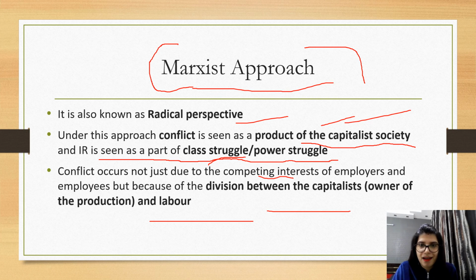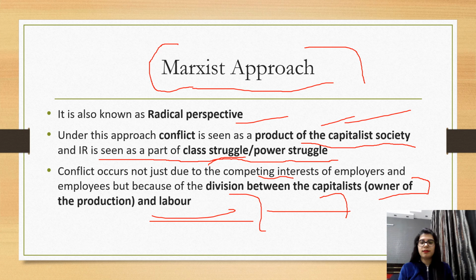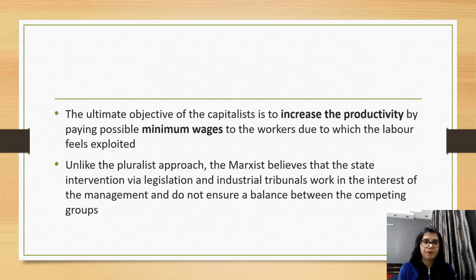That is the class, division of power. So why does conflict occur? It does not only occur due to competing interests, but also because of the division between the capitalists, who are the owners of production, and the labor. Okay, so this is Marxist approach.